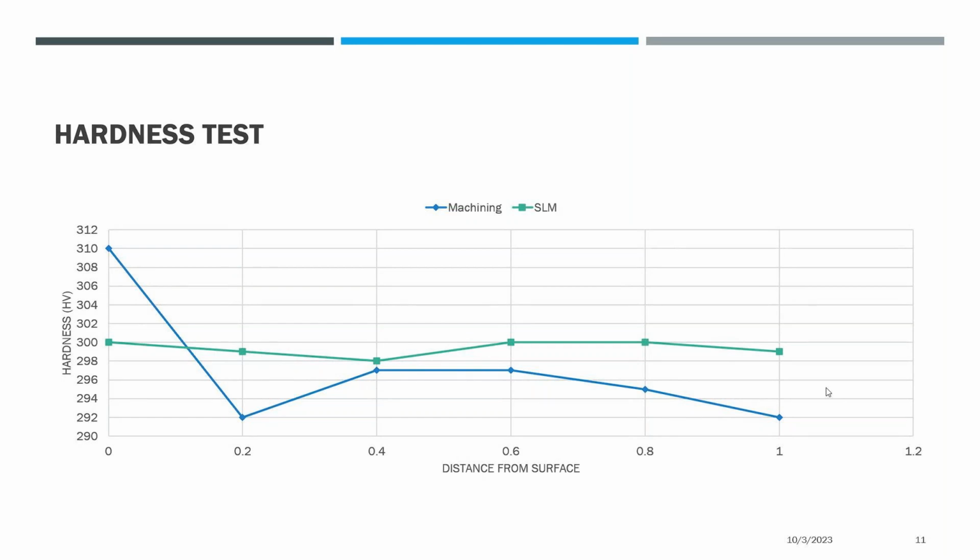But the thing is that with cast and machining, you have tools that wear out, and also you have production waste, which you don't have using the SLM technology. So SLM has a clear upper hand in this part.